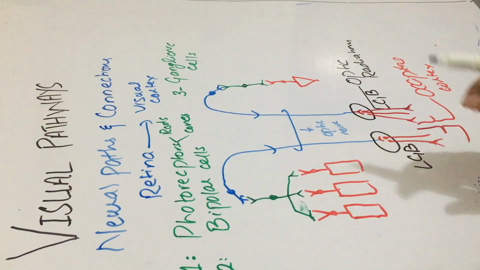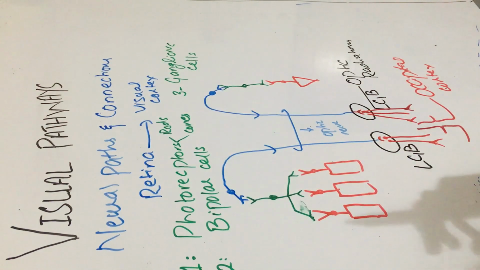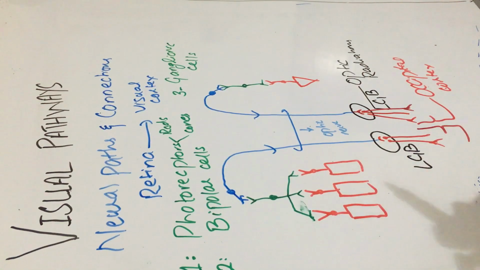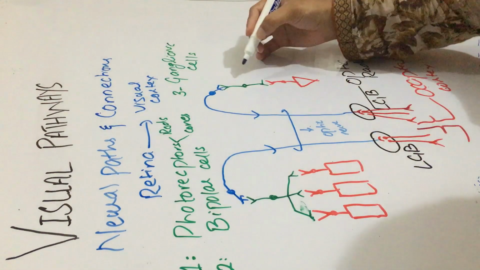They receive the light and convert it into electrical signals, which are transmitted. So the first order neuron, which comes first in the visual pathway, would be the axon of the bipolar cell.